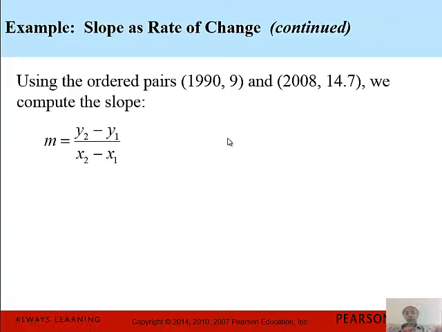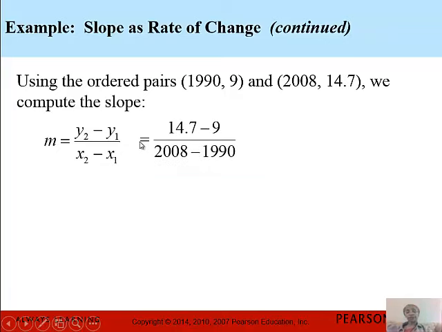So we look at the difference in the y values, and we put that over the difference in the x values, and whichever y was used as the start of the subtraction in the numerator, the x corresponding to that y has to be first in the denominator. So we'll take our change in y over our change in x, and we get approximately 0.32 when we round to 2 decimal places.